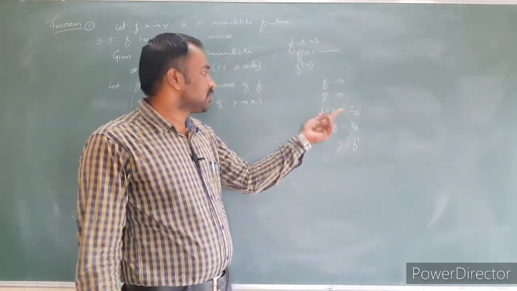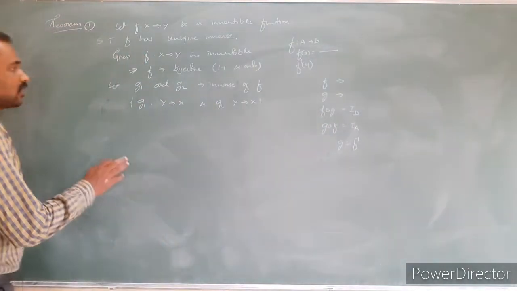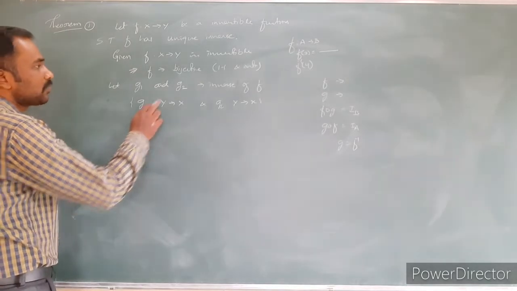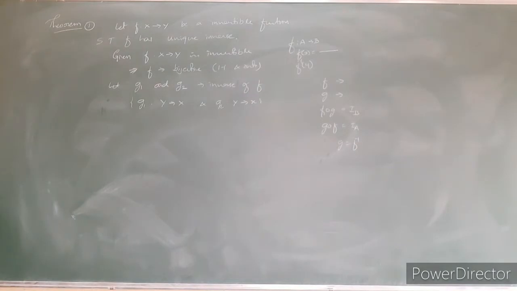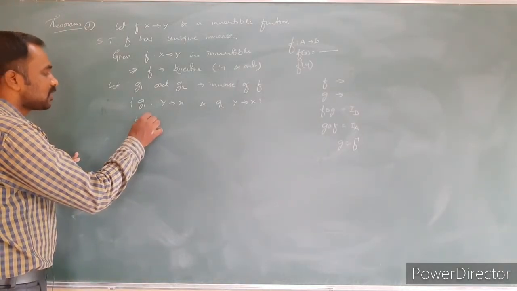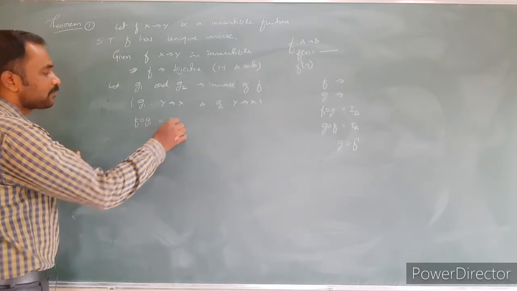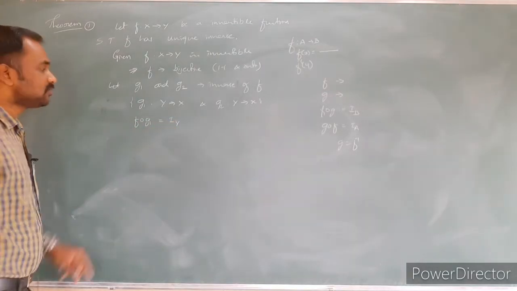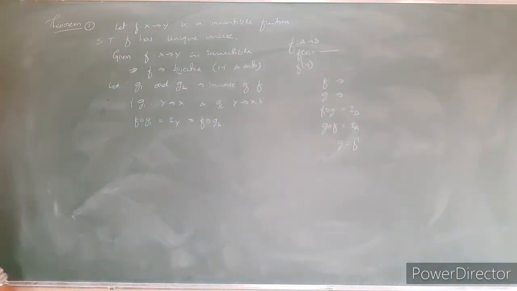How to use this definition: we already considered G1 and G2 and take the composition. Since they are inverses, obviously they are one-one and onto. Next, F circle G1 is equal to the identity element from the set Y. Likewise, F circle G2 is equal to the identity element from the set Y, because the domain set of G1 is the same as that of G2.